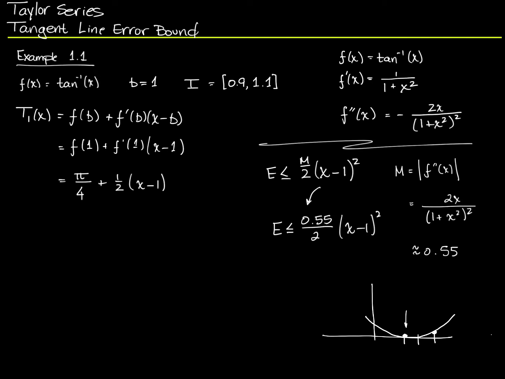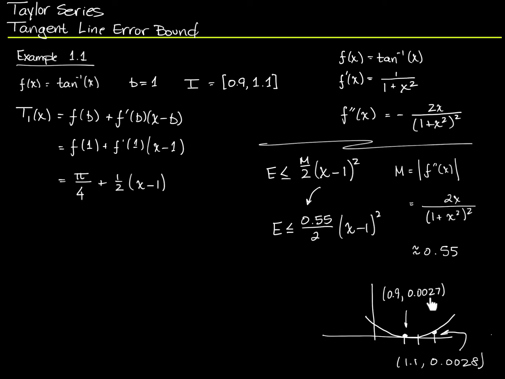The point here is 0.9 comma 0.0027. And the point here is 1.1, 0.0028. And because what I'm trying to do is guarantee that this error is smaller than whatever I come up with over here, I want to use the largest possible value I can get for this thing so that I'm guaranteed that this error will be smaller than that.